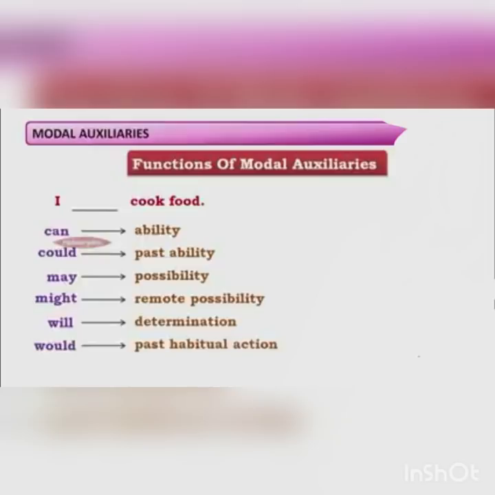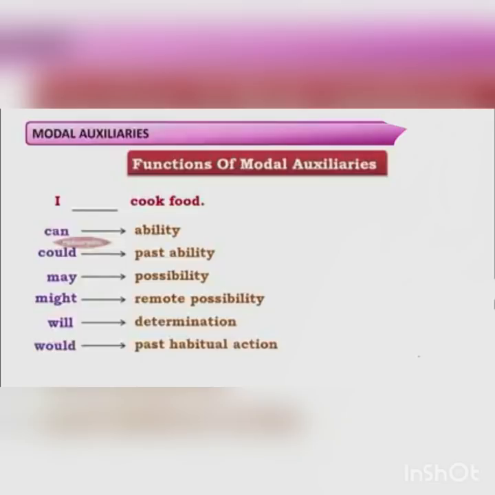Okay, now we'll move forward. I will cook food. Now this I will shows determination. And if I say I would cook food, then it is past habitual action. Got it? Will shows your determination. You are ready to cook the food.